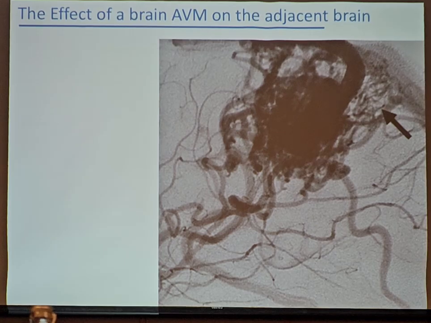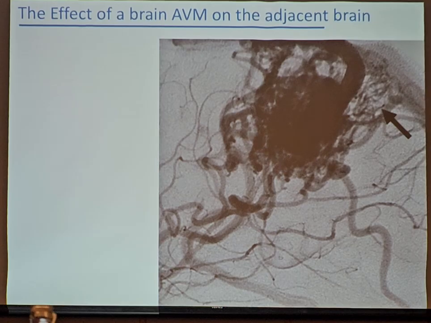And what are these? These are neo-angiogenic vessels that are sprouting into this brain region because the brain AVM is sucking away all of the blood and therefore all of the oxygen into the AVM, away from the normal brain, therefore causing local hypoxemia in the brain region around the AVM.